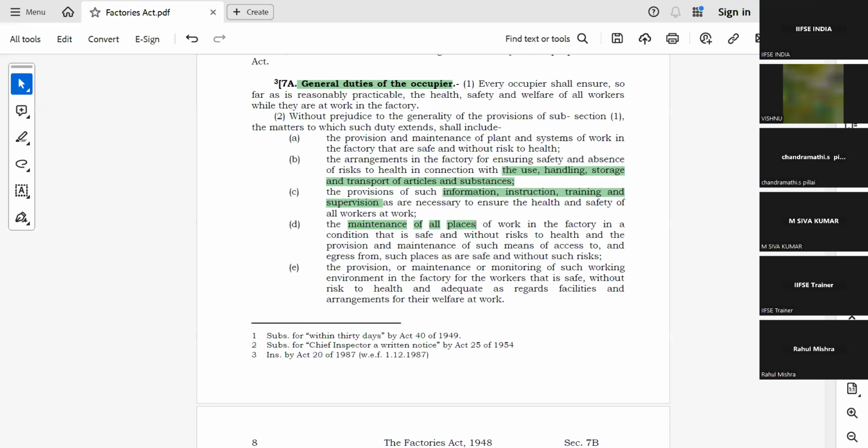We are discussing the general duties of the occupier, which means the basic accountabilities or activities which are supposed to be performed or ensured by the factory owner.